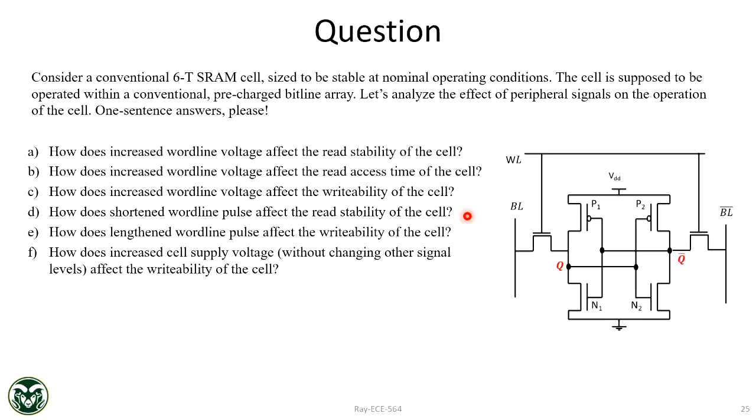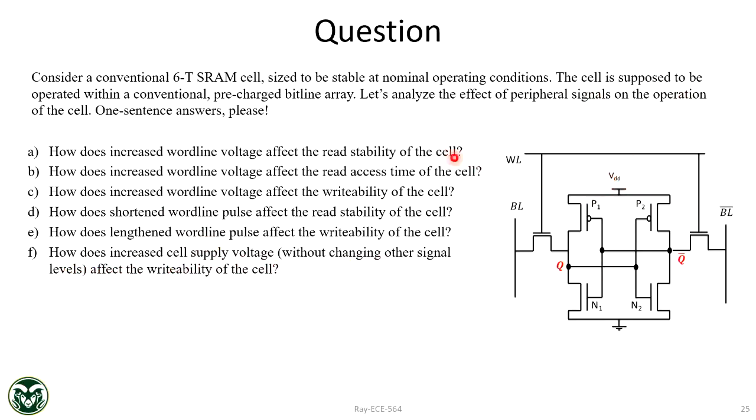How does lengthened wordline pulse affect the writability of the cell? Let's see. I'll come back to this. How does increased cell supply voltage affect it?